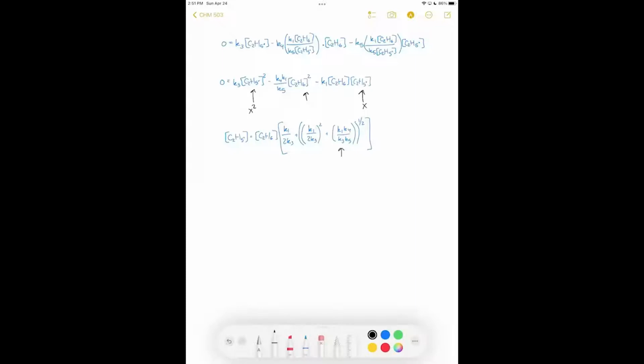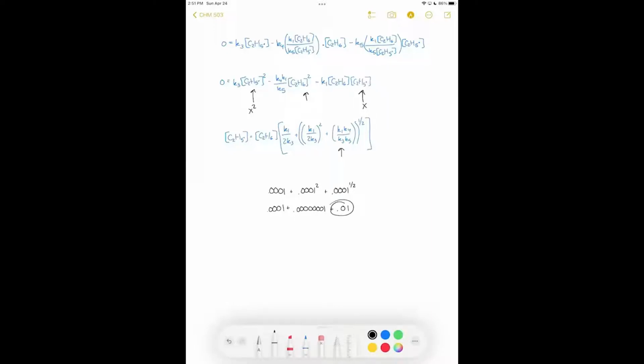And if you don't believe me, you can go take a small number. You could take 0.0001 plus 0.0001 squared plus 0.0001 raised to the 1/2. This would give me 0.0001 plus 0.000001 plus 0.01.